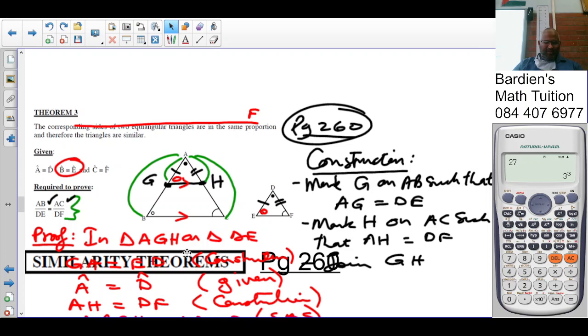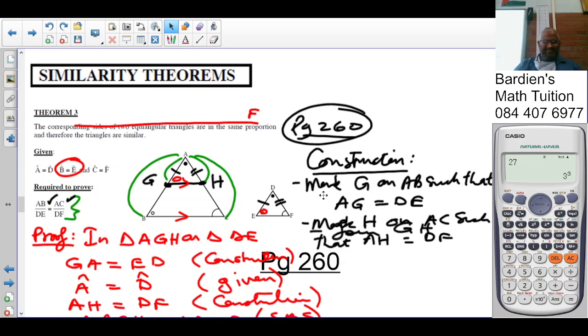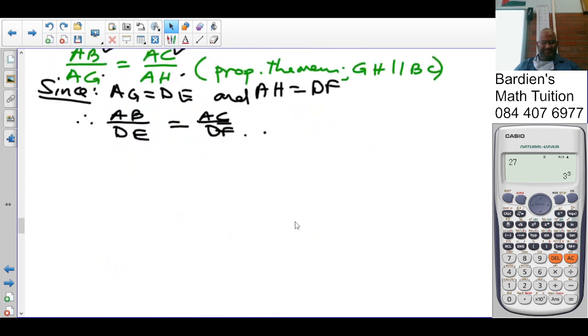So let's look at the example. We're looking at example 8 on page 261. Example 8 on page 261.